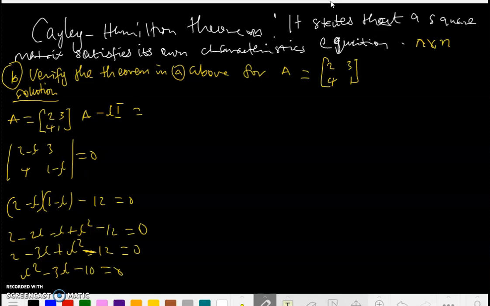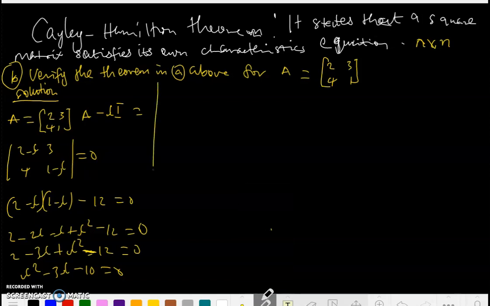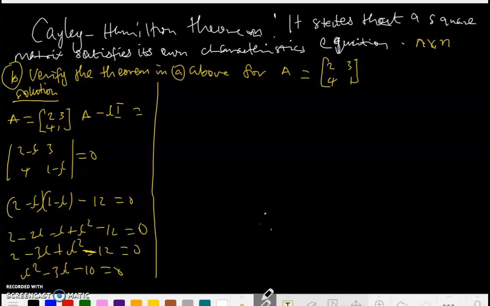Now, according to the Cayley-Hamilton theorem, lambda becomes A, so A squared minus 3A minus 10I must be equal to 0.